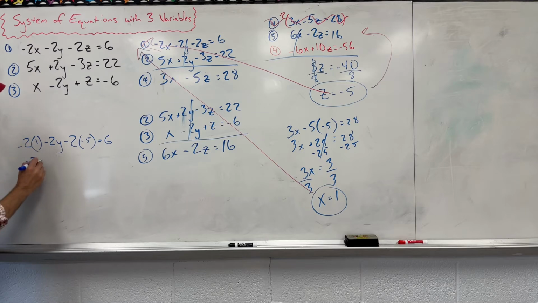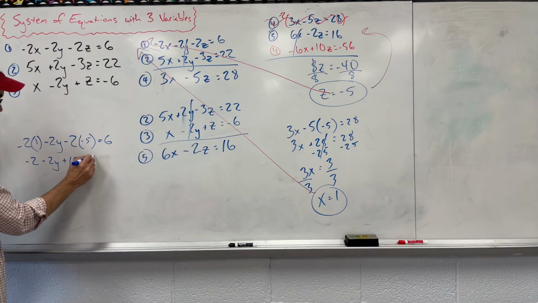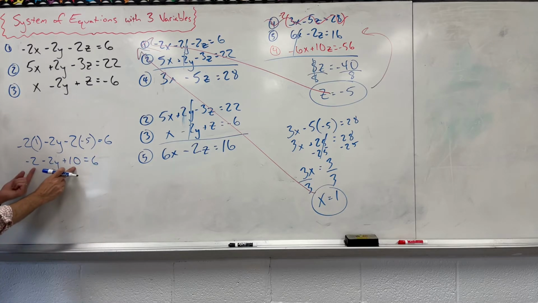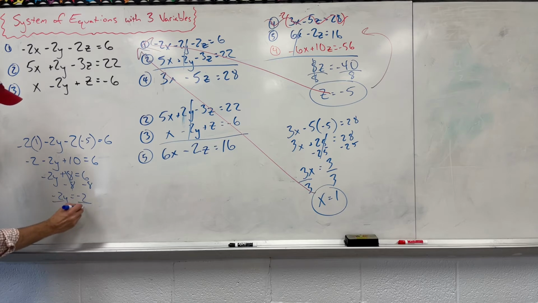Let's multiply and start moving things. So we've got -2, positive 10. This is going to be an 8. So 10 minus 2 gives us 8 when we combine. -2y plus 8 equals 6. And let's start moving. -2y equals -2.